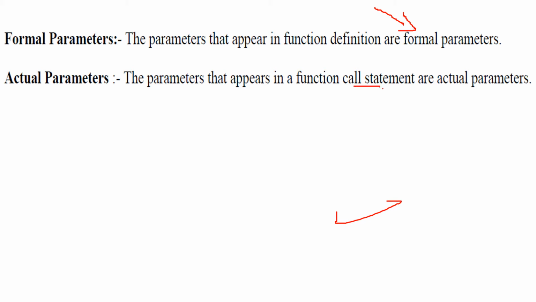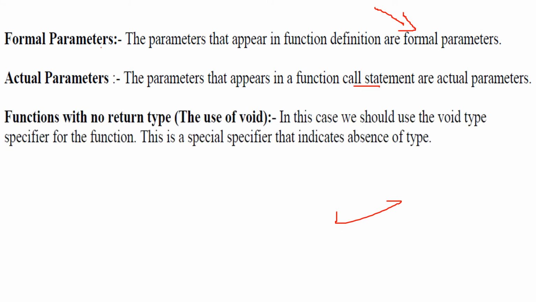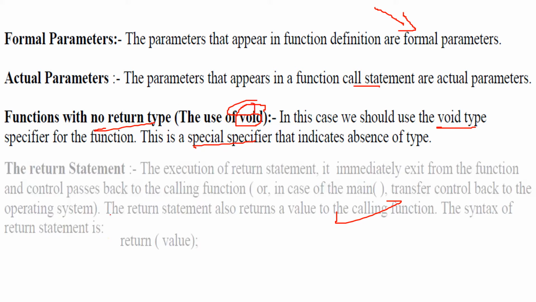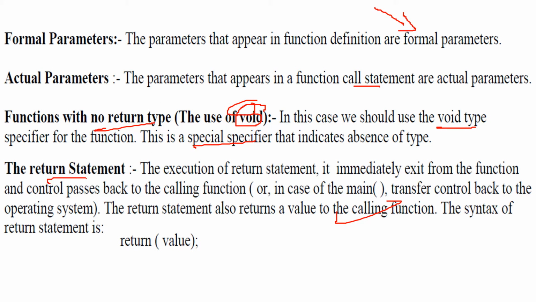And when you are actually calling the function, at that point those parameters are called the actual parameters, which are actually going to the function. And we can have a function with no return type. We generally use void for that, because the function may only perform printing, so it is not returning any value. In this case, we should use the void type, a special specifier that indicates the absence of a type.